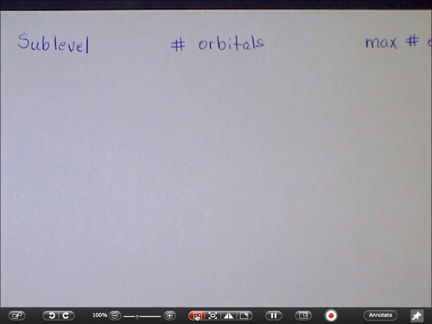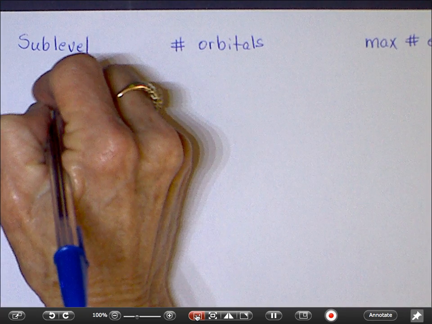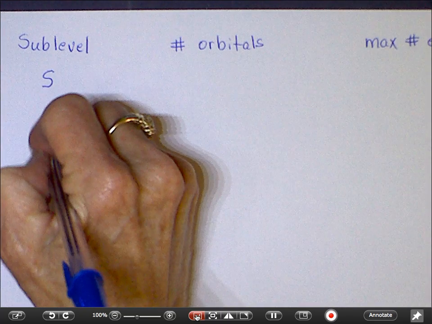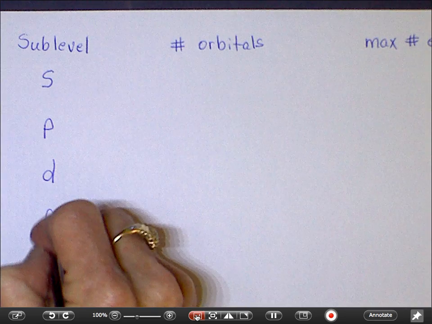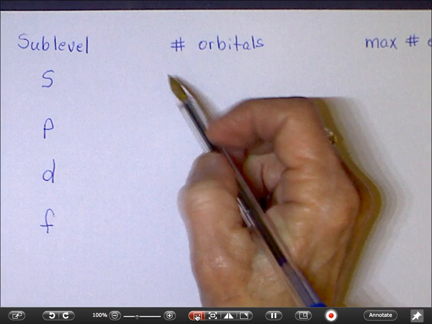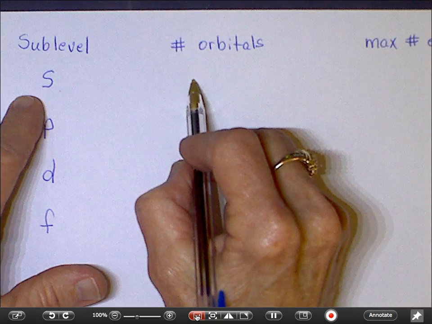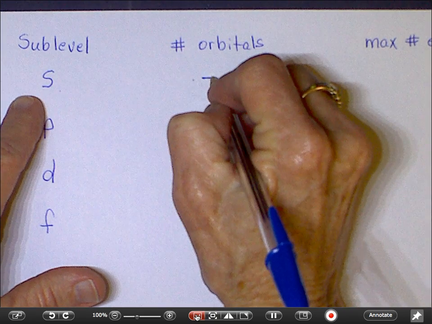Now then, our first sublevel we learned about was who? S. The next one was P, D, and F. Now, in the S sublevel, how many orbitals did we learn yesterday? And we drew a what line?